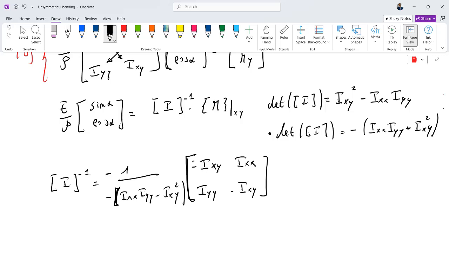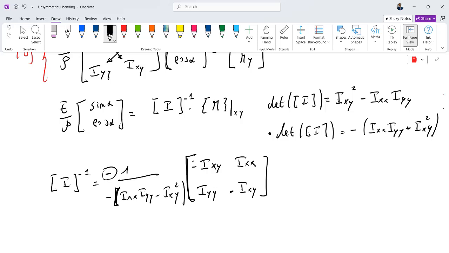To invert this matrix, I can first of all calculate the determinant of the matrix I. Then calculate the algebraic cofactors of this matrix and transpose the matrix of algebraic cofactors. I highlighted another minus sign that derives from the transpose of the algebraic cofactors.